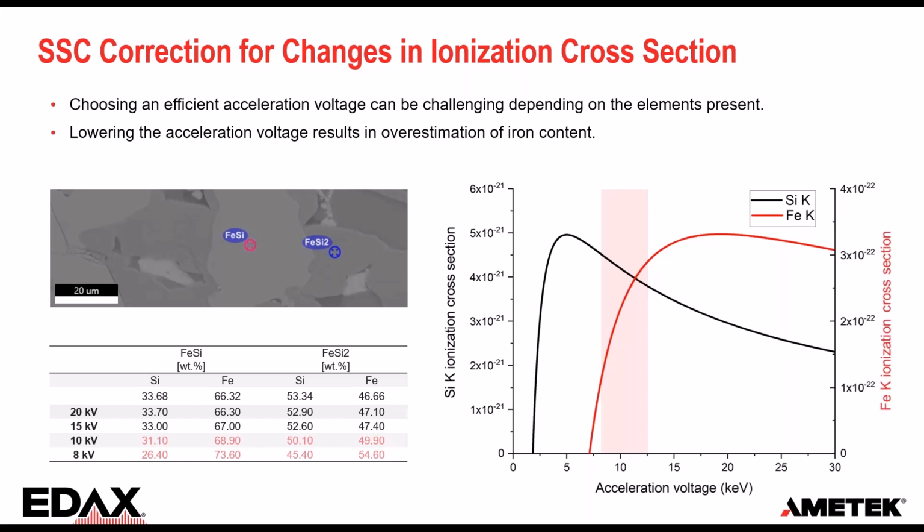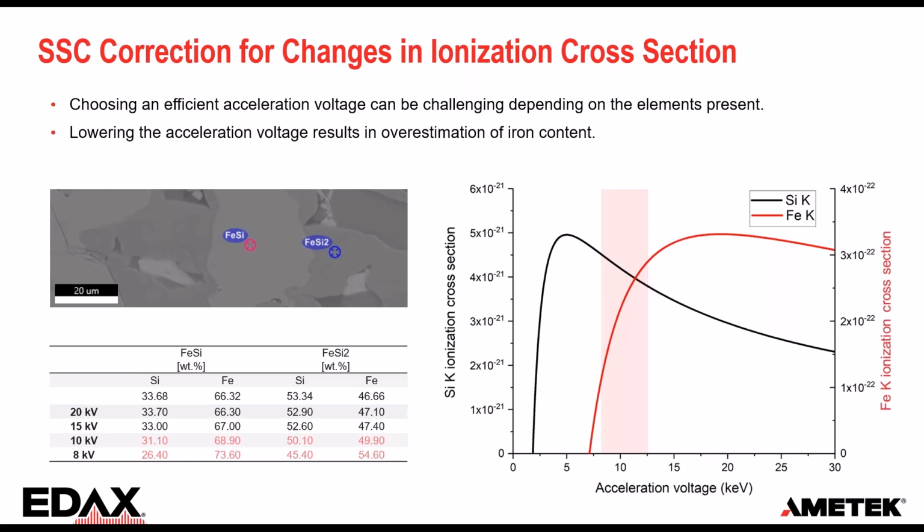And when you have a look at the quantification table here with 10 and 8 kV, we see that our quantification just kind of drifts away from the target. And we see that the iron is overestimated and the silicon is underestimated. And that's from the changes in ionization cross-section.